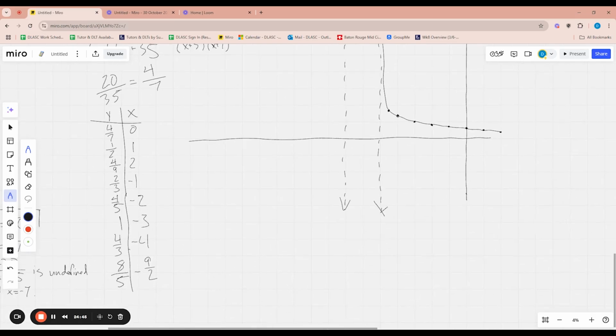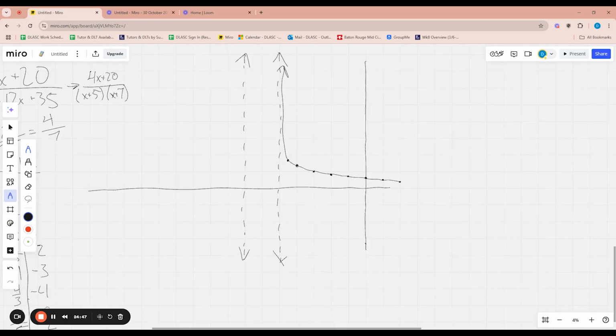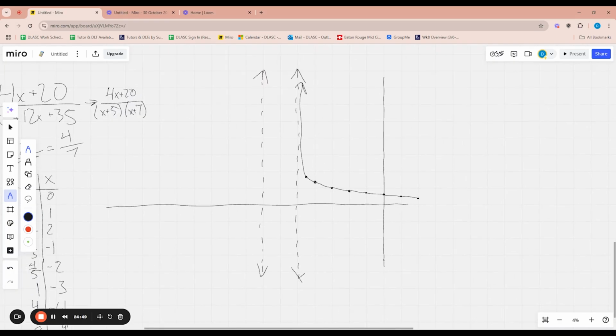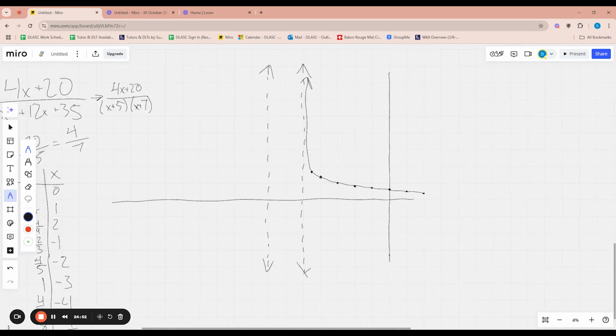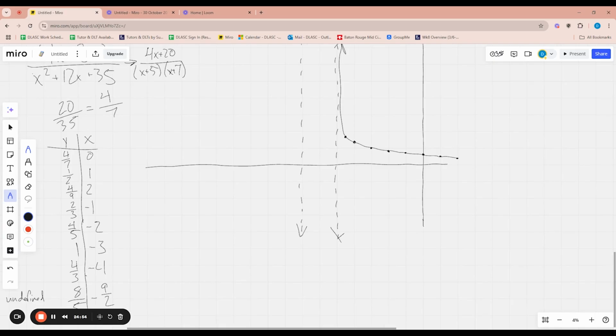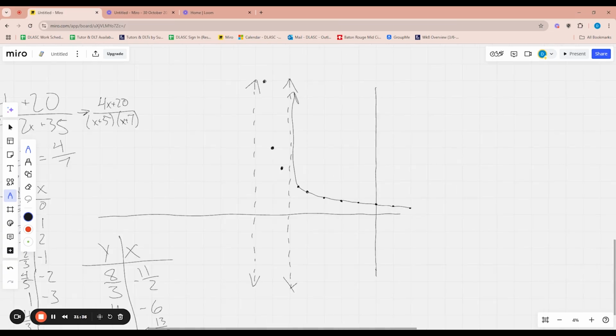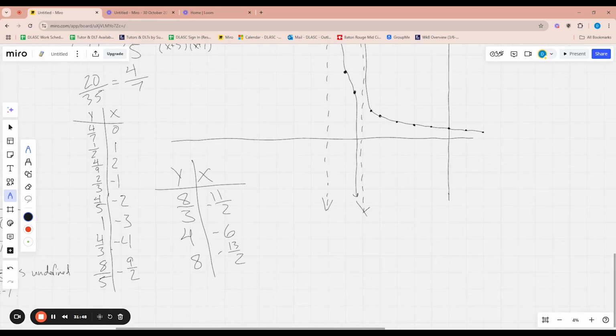And so we can get points for the other side of the asymptote as well. So let's say if x is going to be 5.5. All right, and so we can see that this middle section looks a bit like that. We can see where that came from because of these points.